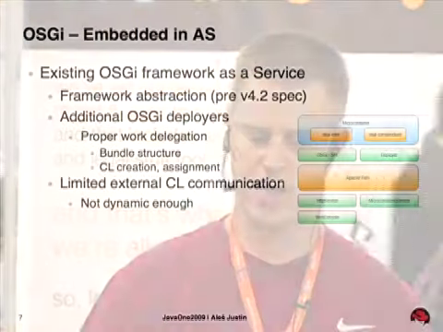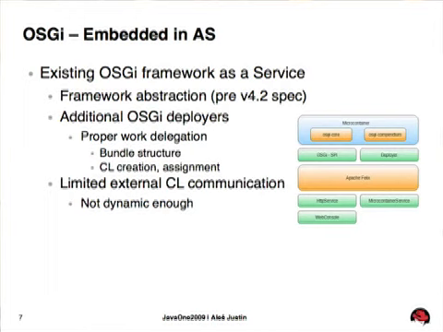Okay, moving on to the different flavors of OSGi that we currently support. The first one we call embedded in AS, in the application server, meaning that an existing OSGi framework, Felix, Knopflerfish, Equinox, can just be taken and put in the AS as a service.